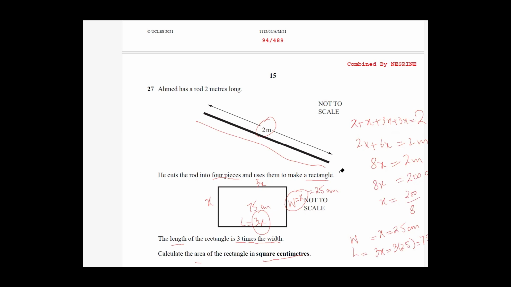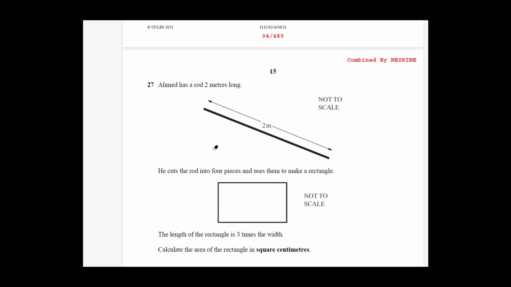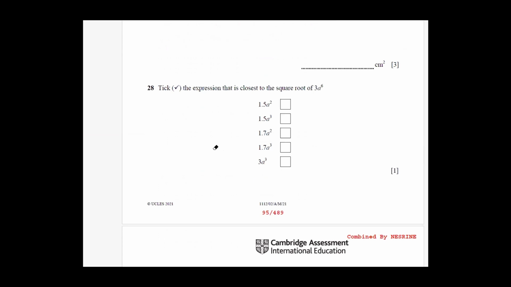Then the last question of this paper, we need to take the expression that is closest to the square root of 3a^6, options like 1.7a^2. When you take the square root of this whole expression, that is to be converted into square root of 3 and then square root of a^6.